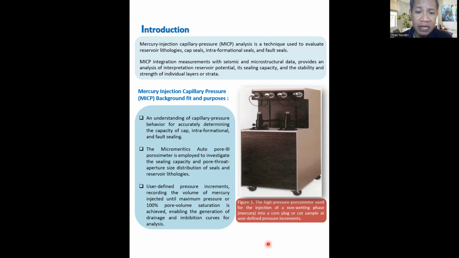The Micromeritics AutoPore III porosimeter, a sophisticated laboratory instrument, is actually used for conducting mercury porosimetry.